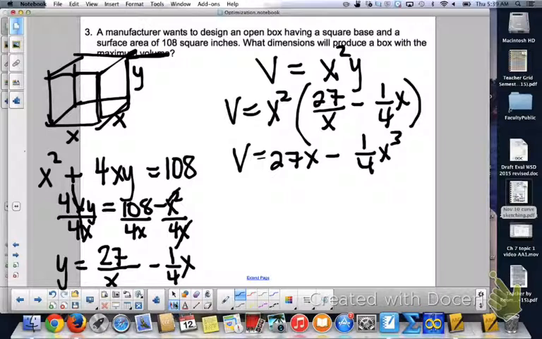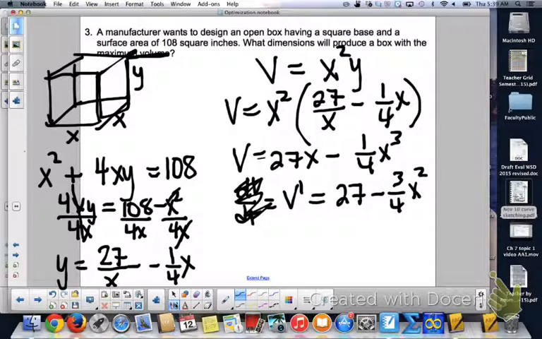That's the volume. So now to go about finding the maximum, dV/dt, I lied, hang on, V prime, it'd actually be dV/dx because it's in terms of x. V prime is 27 minus 3/4 x squared.